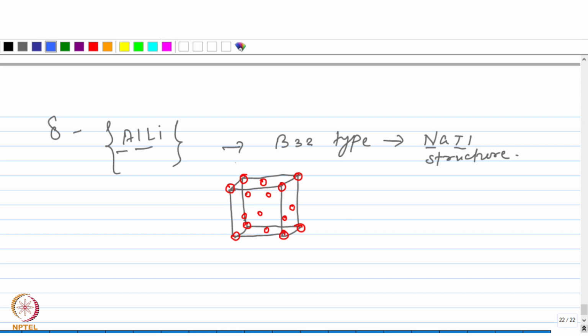So all these blue circles that you see now will be the aluminum atoms.